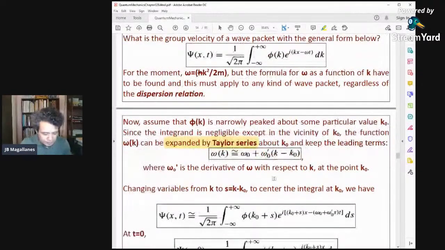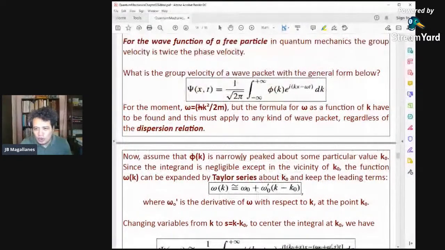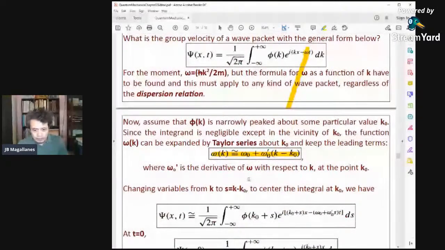We can write this because we have a narrow wave. We can write this and put it here. We can replace this omega with this if we have a narrowly peaked wave packet.